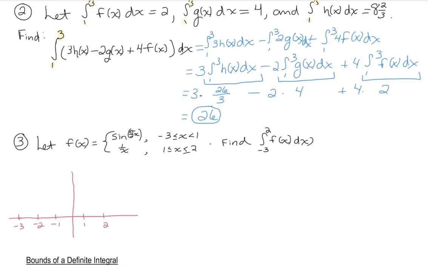Okay, so from -3 to 1, we have sine of pi over 2 x. The pi over 2, remember, is a constant multiple inside the function, which affects the horizontal stretching and compressing. So let's just plot a few values here. Sine at -3 pi over 2 would be up here at -1.